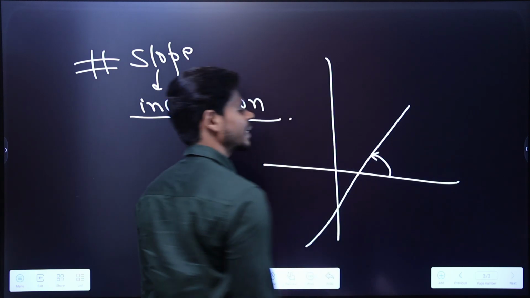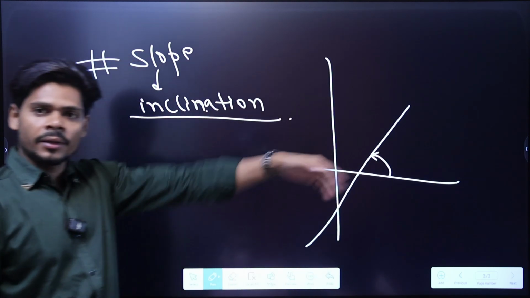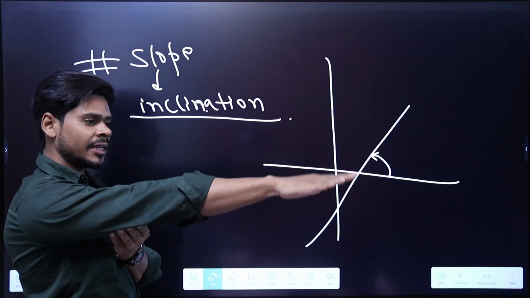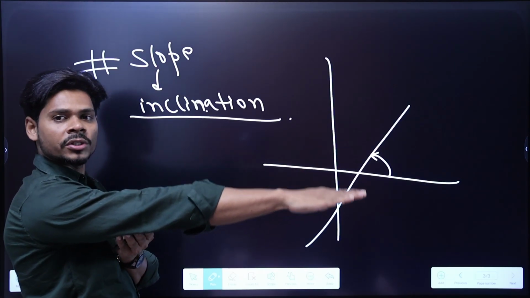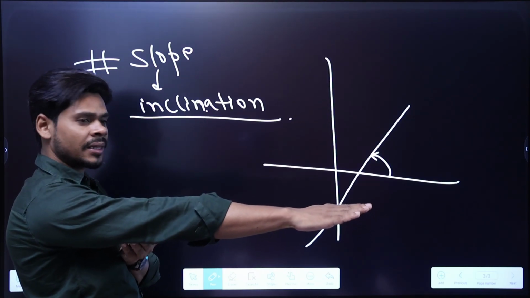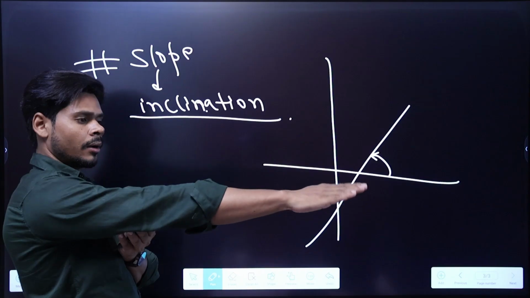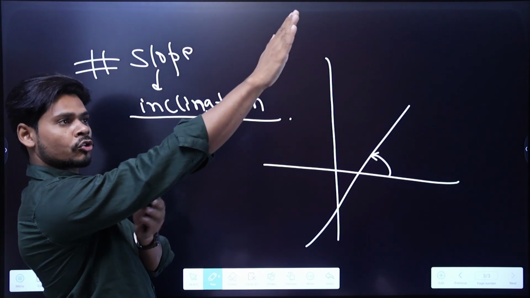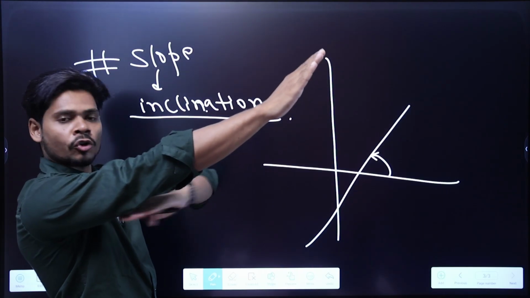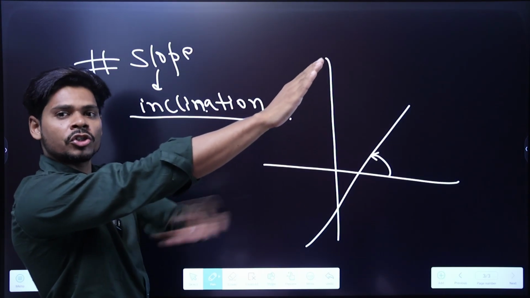This angle is called inclination. For example, if I have my hand like this, then it is exactly in a horizontal position. But if I am doing like this, now my hand is at a slope, it is making some angle with the horizontal x-axis.